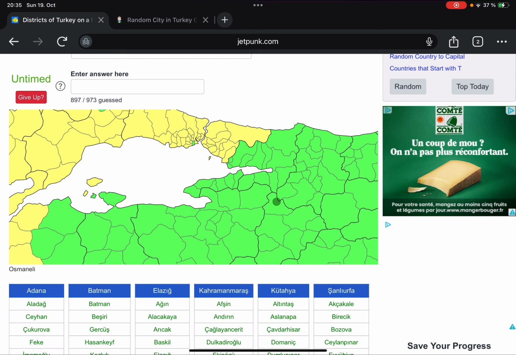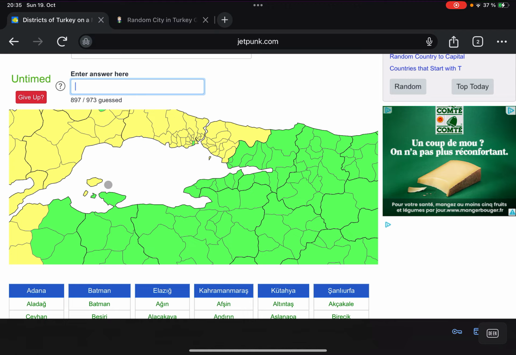But yeah, first of all, the thing that I mentioned with the Yumuşak G, that the city gets accepted even though you didn't type it. And the other one is here for the Marmara Islands, because I think these islands right here are technically designated as the districts of Marmara.